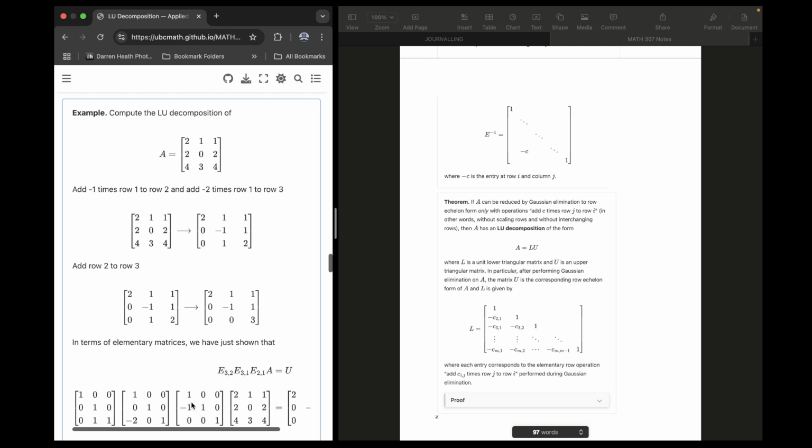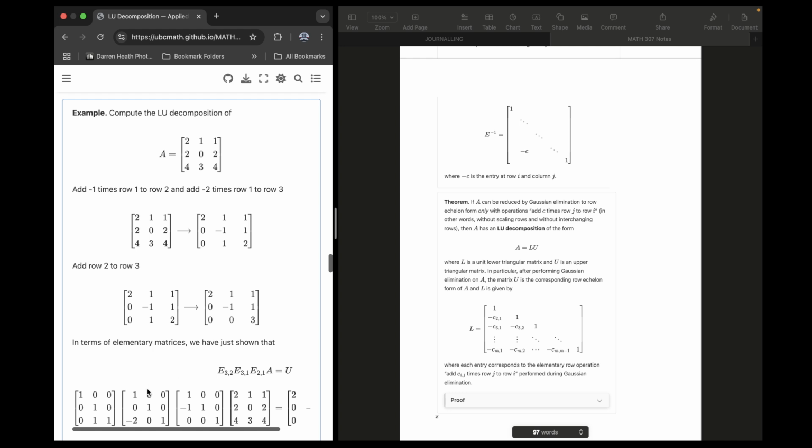So we're adding to row 2 the negative of row 1. That's what this matrix is saying.